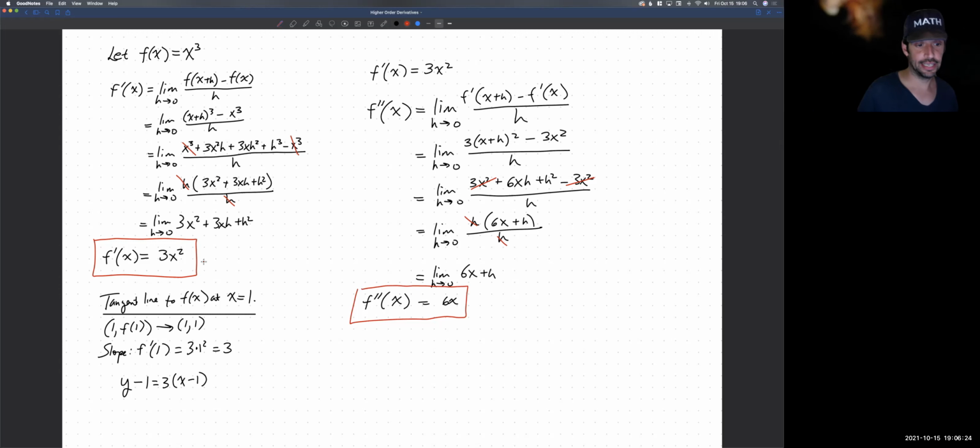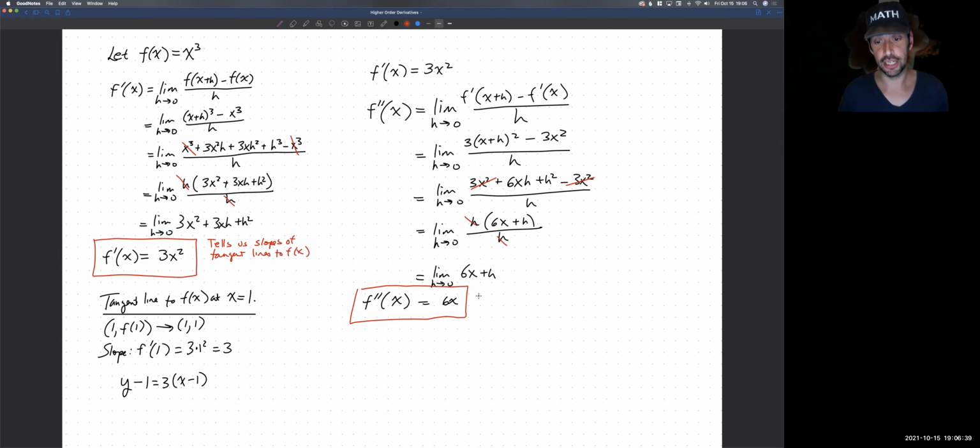So just like f prime tells us slopes of tangent lines to f of x, f double prime tells us slopes of tangent lines, missed an S in there, tangent lines to f prime of x, right?